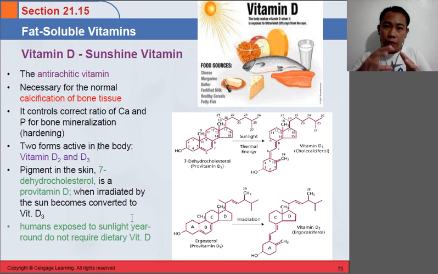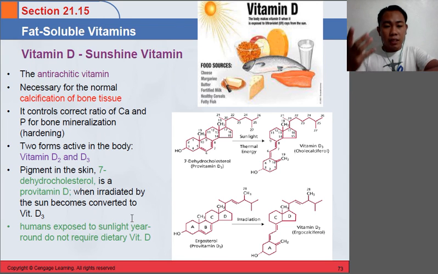I would like to correct it: we produce vitamin D with the help of ultraviolet radiation, wherein the ultraviolet radiation strikes our skin, it will convert to vitamin D and it will be absorbed by our body.